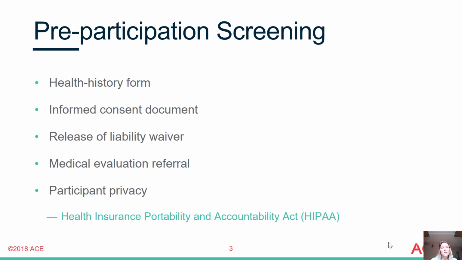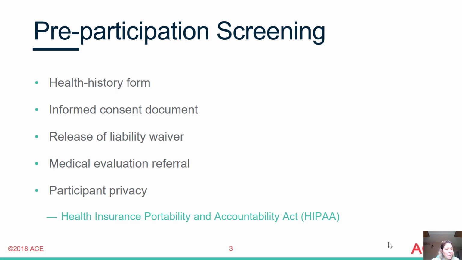Before we get started with any of our classes, especially if you are an independent contractor and have your own business teaching your own classes, we have to think about screening our participants prior to them beginning any of our classes. These are some of the forms that we want to make sure we have on file and documentation of for each participant.